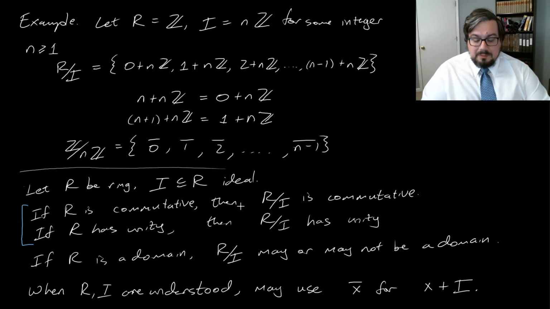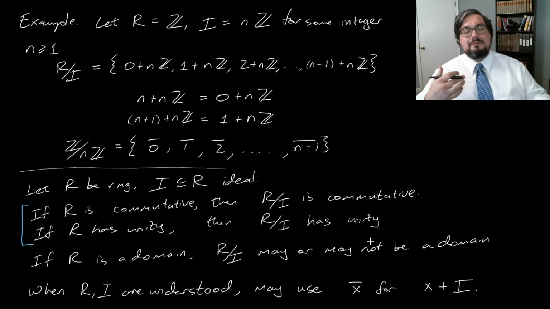Now, we will sometimes use the bar and we sometimes won't. It's sometimes helpful for us to leave in the plus I instead of using the bar. We'll switch back and forth freely between the notations when R and I are understood.